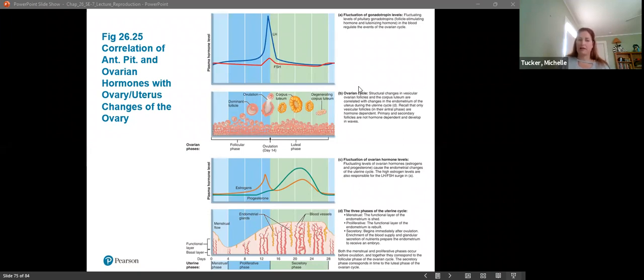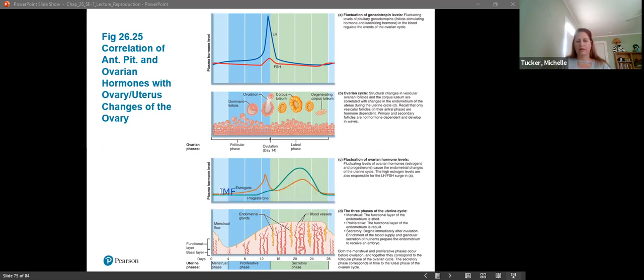The other thing I want to just say is that this small increase in FSH here, this is what stimulates the next set of primordial cells to start developing. Okay, so this graph is a little important in that here the estrogen is getting produced by the maturing follicles, okay?